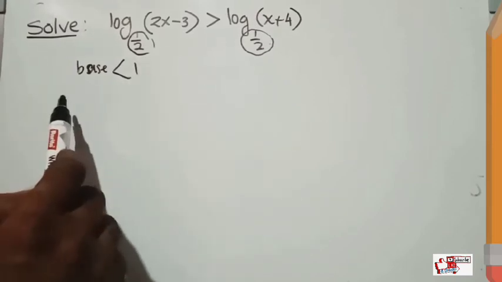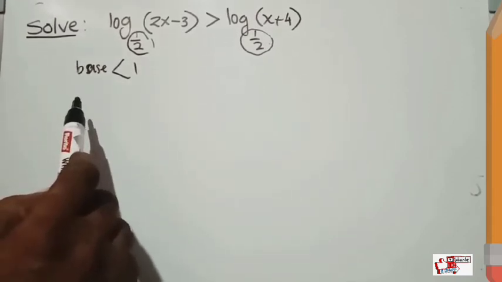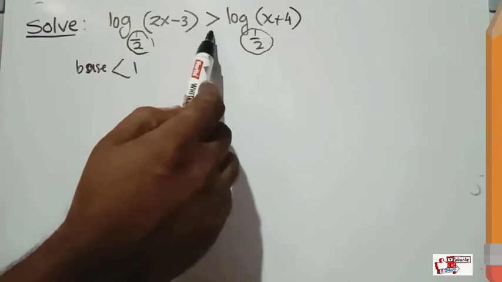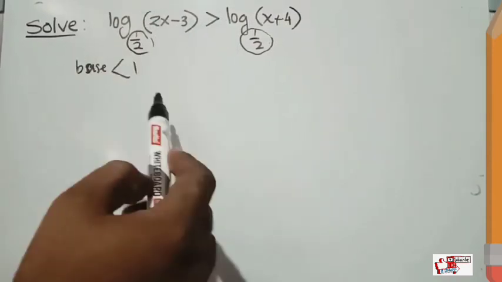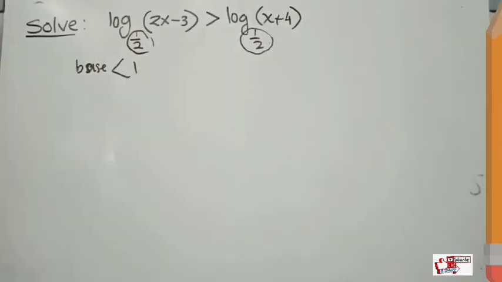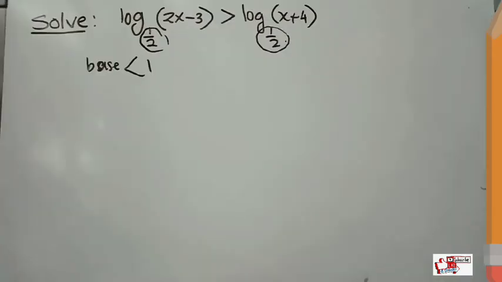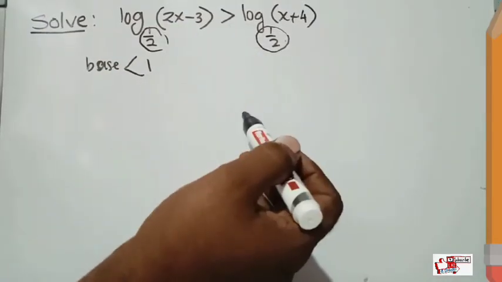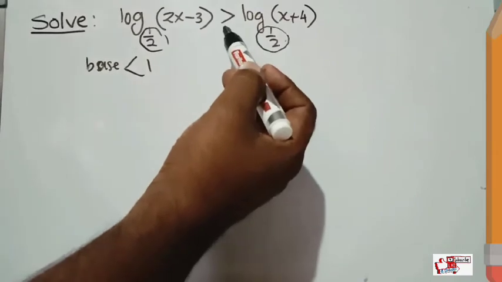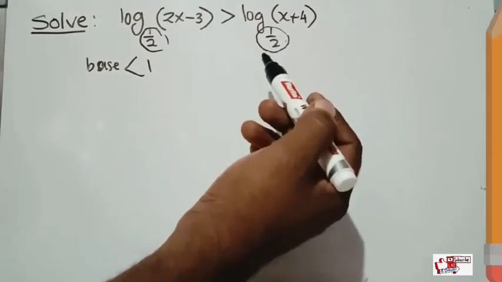As the base is smaller than 1, as per our rule, the inequality gets reversed. As the inequality is greater than here, it changed to less than.